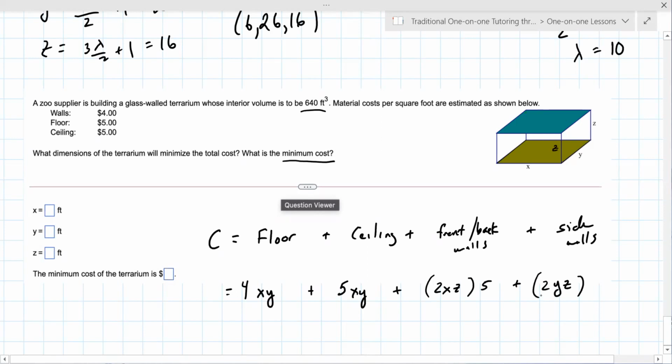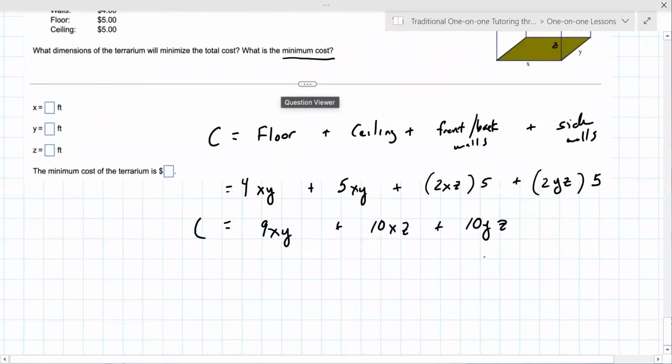And then your side walls are YZ, and there's 2 of those, and they cost $5 also. Okay, now we have this. So this is 9XY plus 10XZ plus 10YZ, and it's subject to the constraint that X times Y times Z has to equal 640.